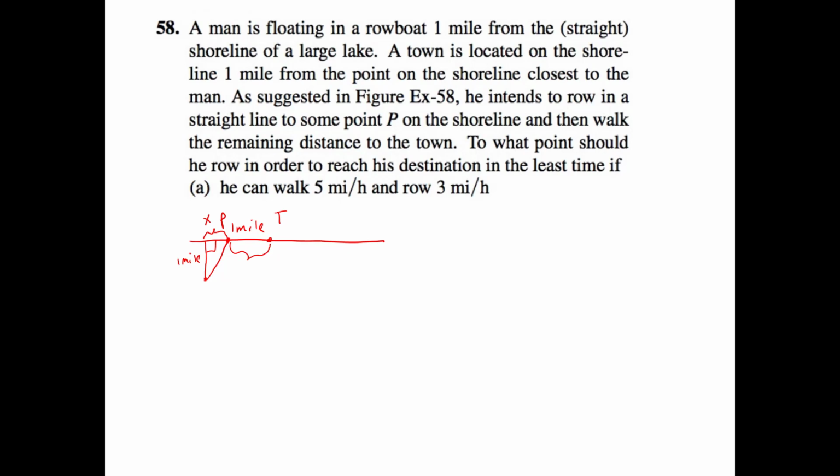And if you paused it and now resumed, then it should make sense that because that was 1 mile, this should be 1 minus x, right? And so then to what point should he row in order to reach it in the least time? So we want to minimize the time. And so then the distance is equal to the rate times the time.